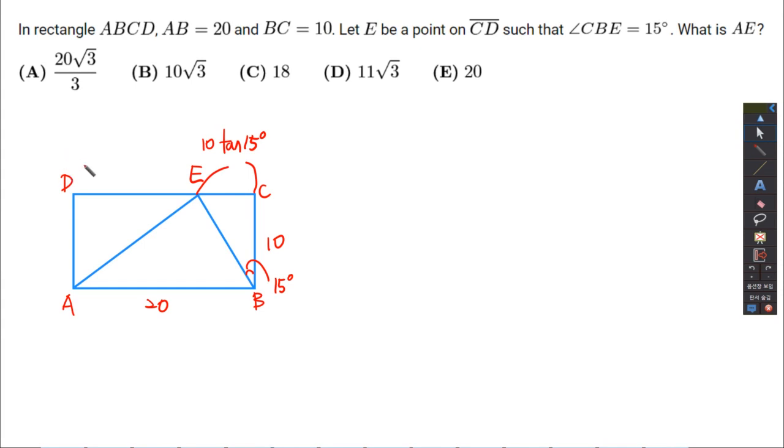This means the remaining segment will be 20 minus 10 times tangent 15 degrees, and this one is also 10. So we can use the Pythagorean theorem. So the length of AE is the sum of the squares of these two. But first, let's find the value of tangent 15 degrees. 15 degrees is the difference between 45 and 30 degrees.